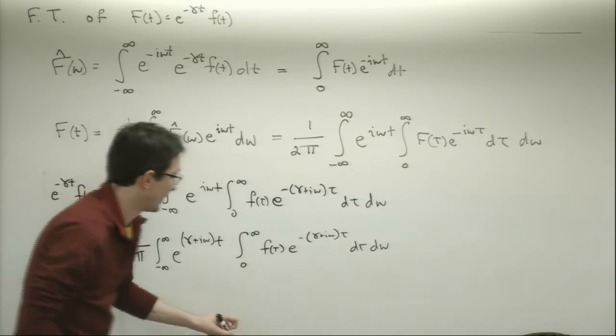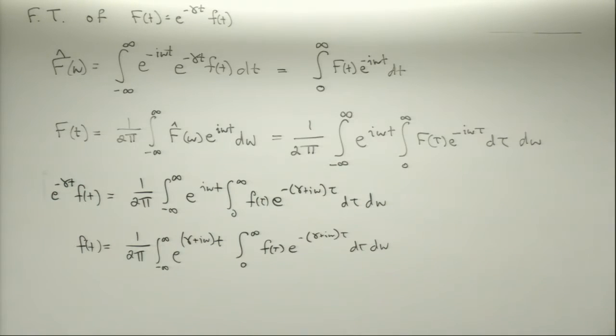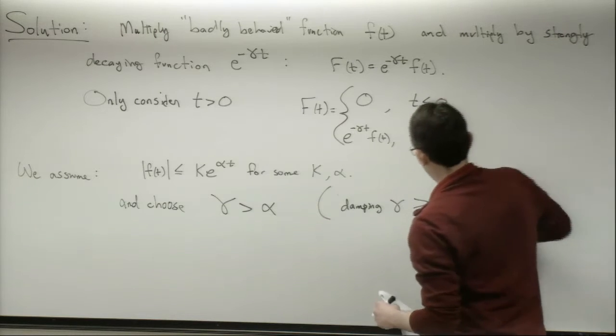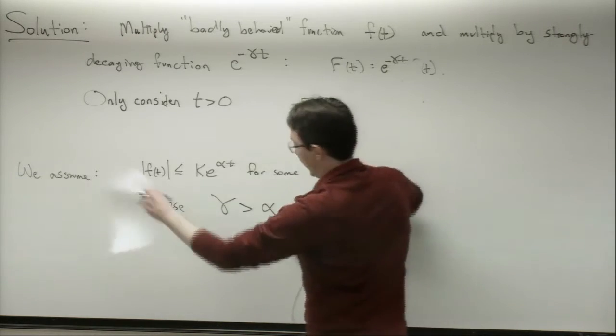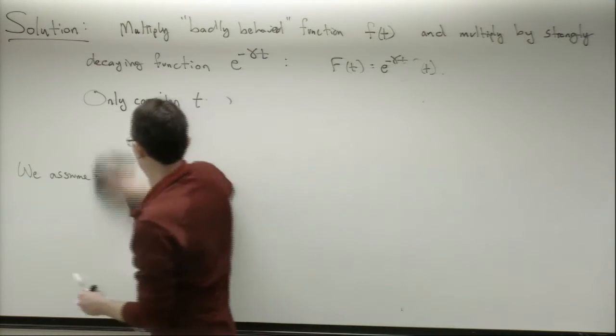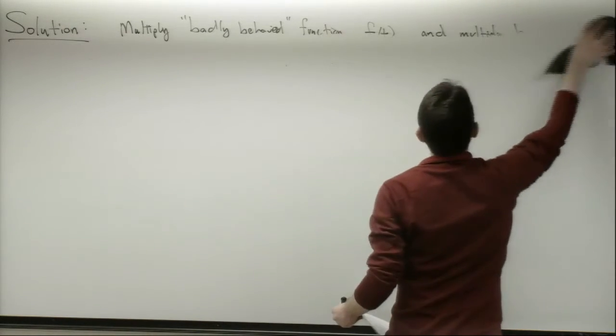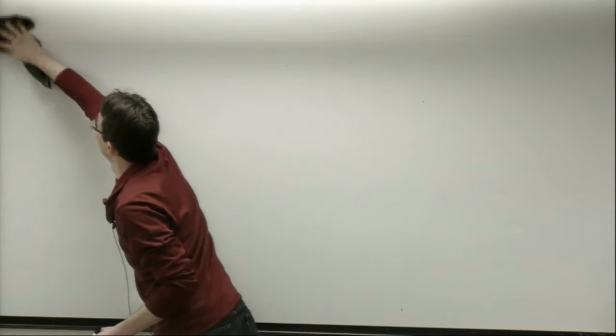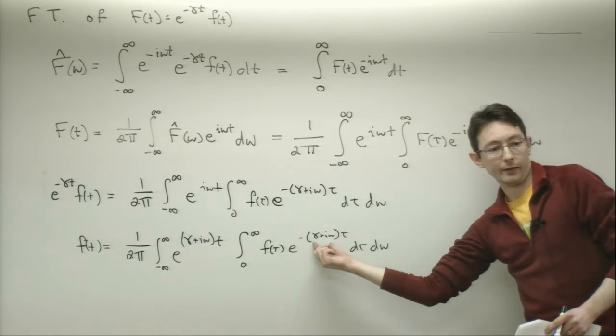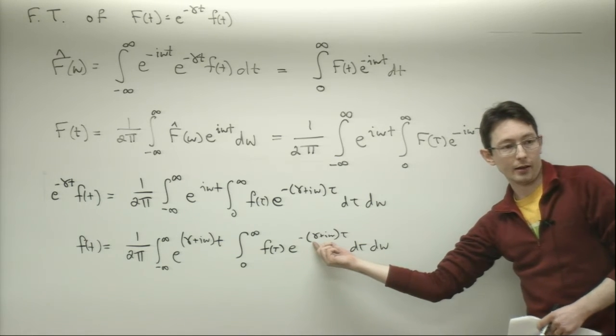The last step is actually breaking this up into two transforms, a forward Laplace transform and an inverse Laplace transform. So what we're going to do is essentially give this gamma plus i omega a dummy variable.